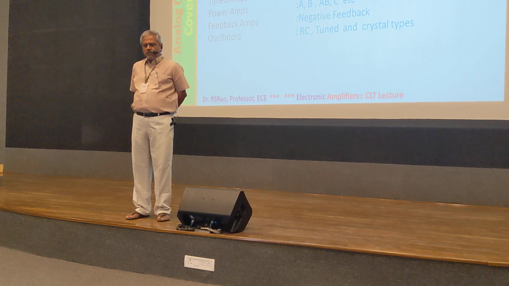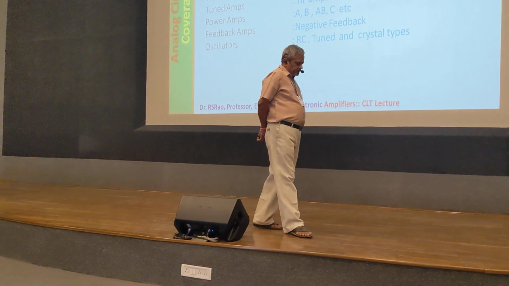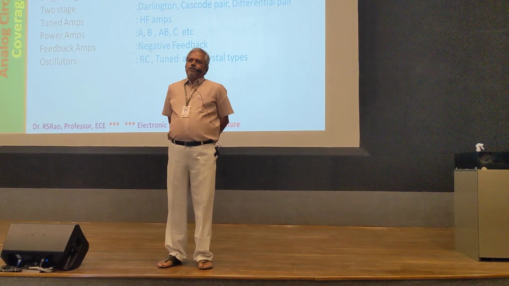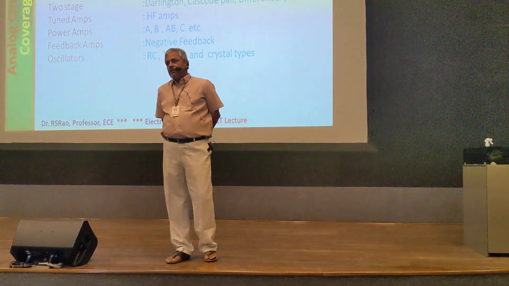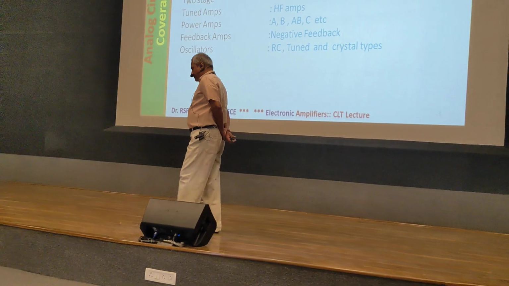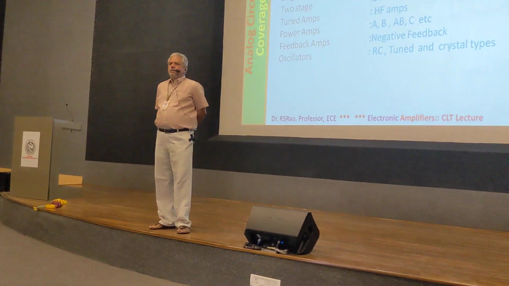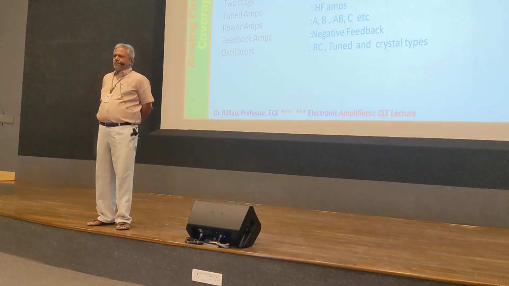Lastly, we have to discuss power amplifiers. Power amplifiers enhance the power of the signal. A voltage amplifier enhances the voltage of the signal. A current amplifier enhances the current, whereas a power amplifier enhances the power. There are one or two distinct features as far as power amplifiers are concerned.